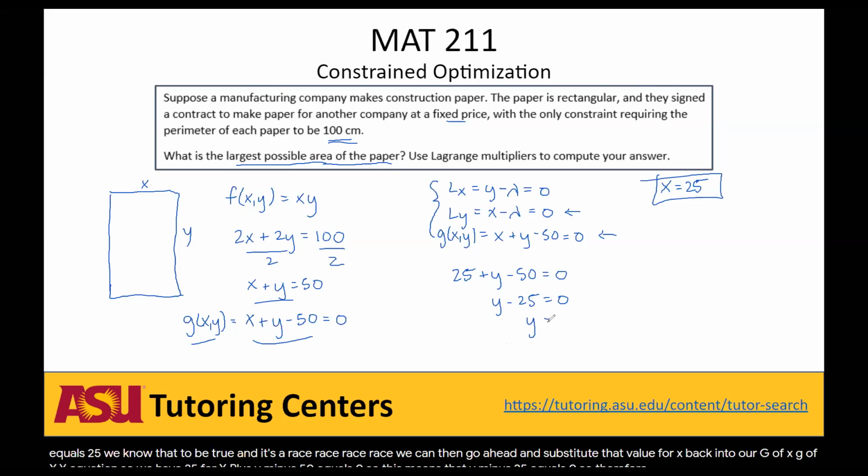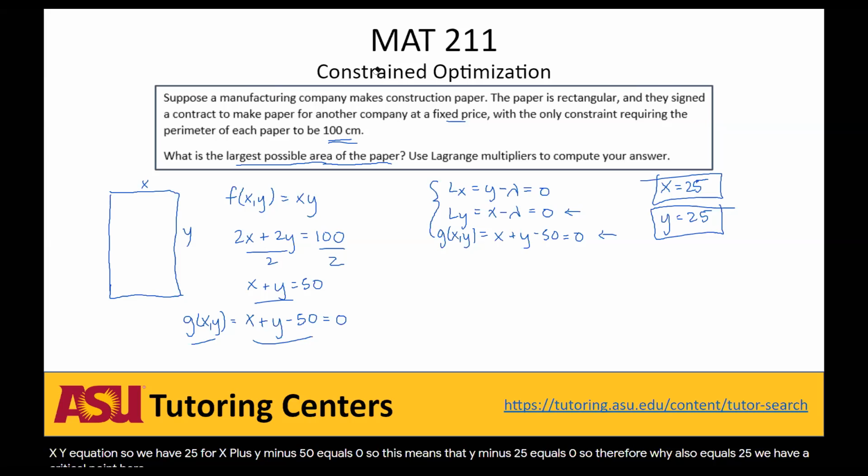So therefore y also equals 25. So we have a critical point here at 25, 25. So x equals 25 and y equals 25.